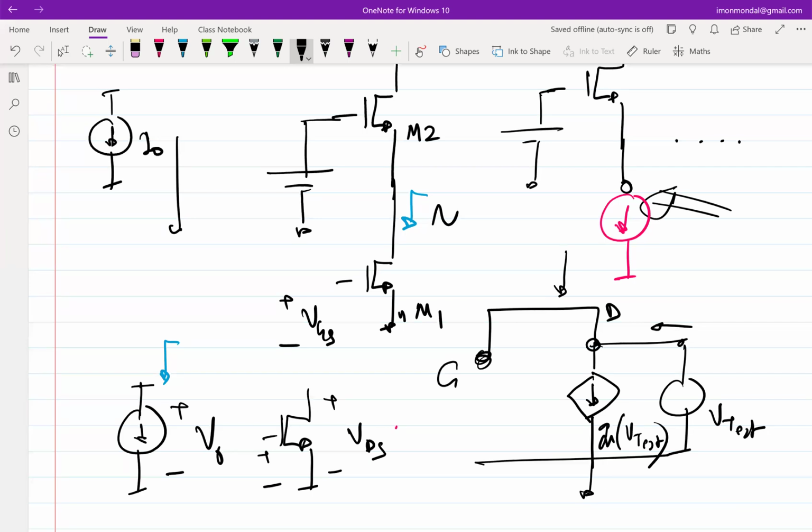Can you think of a way? How will you argue? I want a VGS which gives me that magic voltage for constant current. Somehow I have to generate it. So what will be the argument?